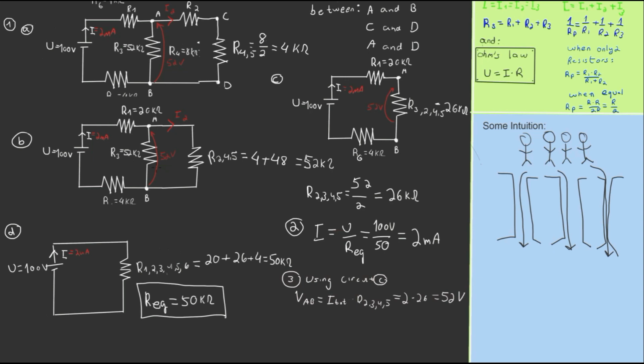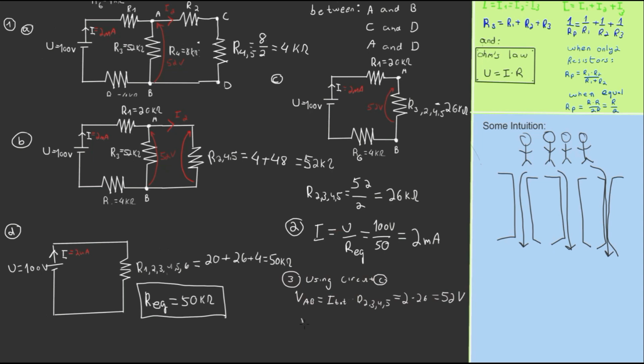And we see that in this circuit B, the voltage between A and B is exactly the same voltage as you get here. These are parallel branches, so we get 52 volts here as well. And if we have 52 volts here, we can calculate the current through R2, 4, and 5. Let's write it down. I think we have the solution.